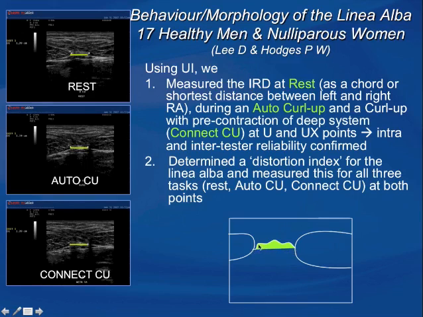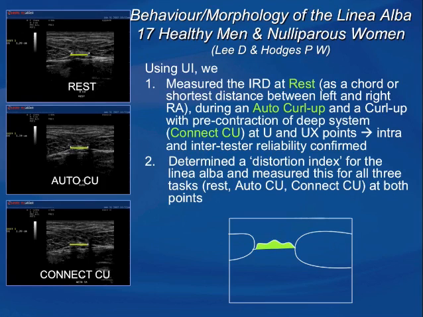The green fill in the space there represents the area of that shape. So the area of that shape was then divided by the length of the chord, so that we got an average distance of any point of the wrinkly linea alba from the straight line. And this gave us a number for each of the tasks and each of the subjects, and that number was called a distortion index. So hopefully that makes sense. That was Paul figuring that out, not me.